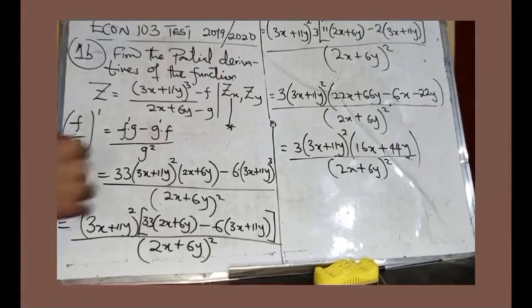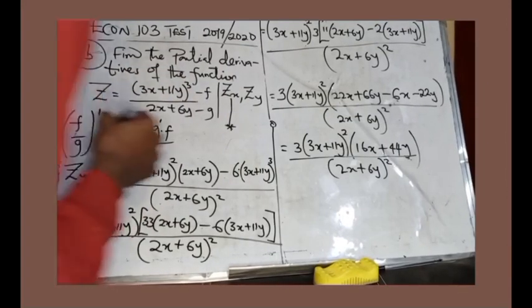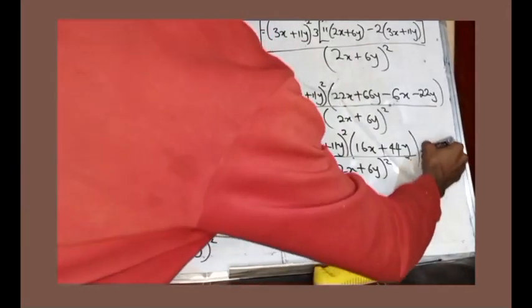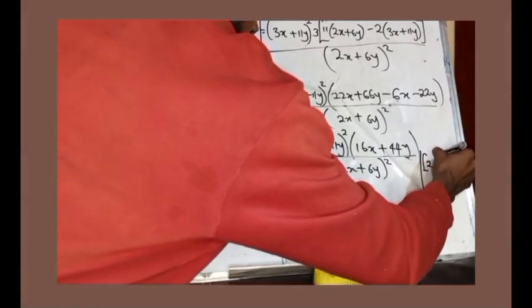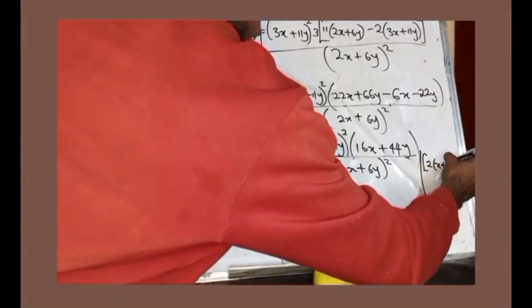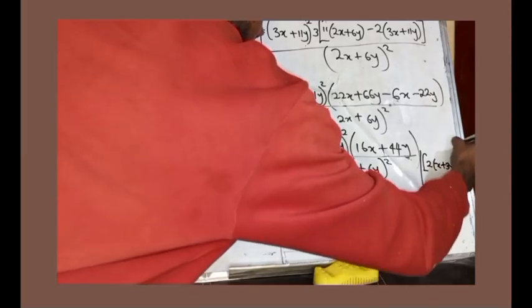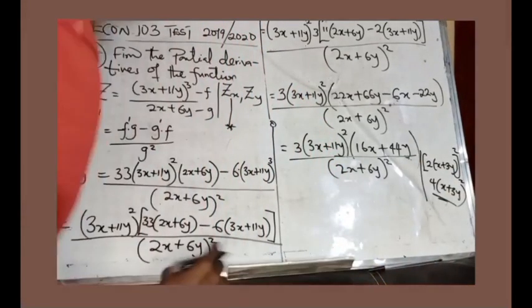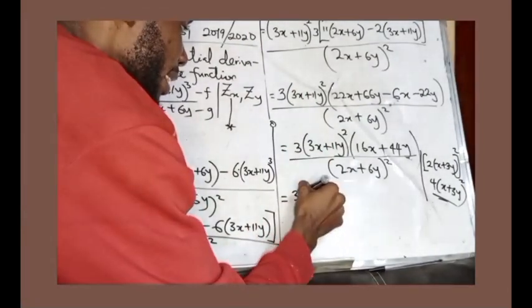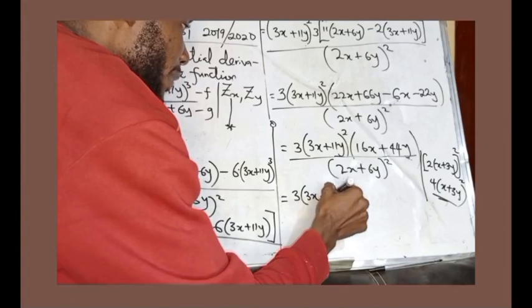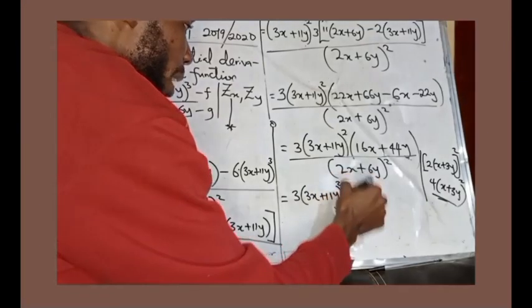Okay, now let me do the same thing I did in the other part here. This denominator can be written as 2 open bracket x plus 3y then all square, which is now 4 open bracket x plus 3y square. So this place can be written as 3 open bracket 3x plus 11y all square, open bracket.